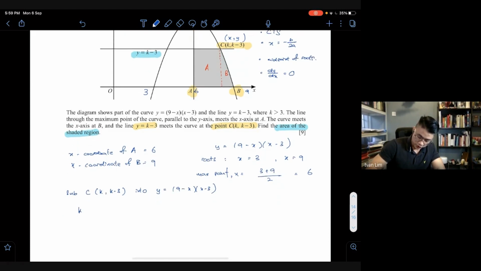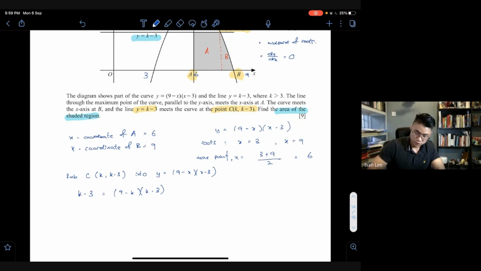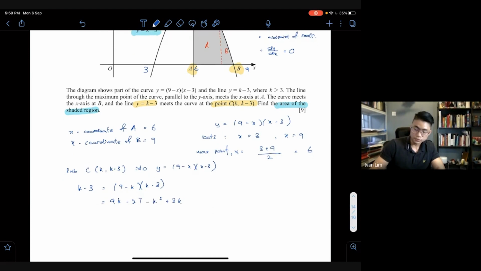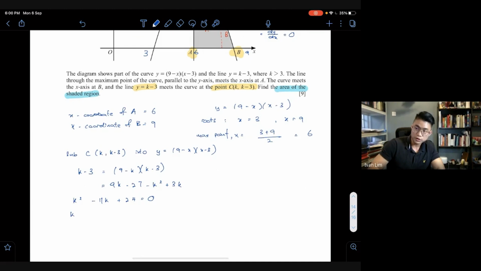So it will be k minus 3 equals 9 minus k, k minus 3, which will give me 9k minus 27 minus k squared plus 3k. Rearrange it. k squared minus 11k plus 24 equals 0. Solve it. k equals 3, k equals 8.